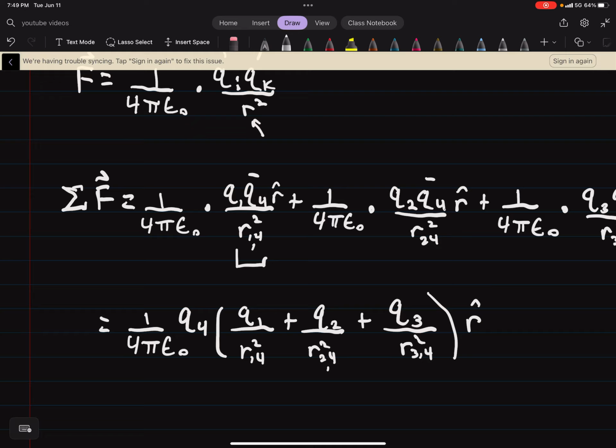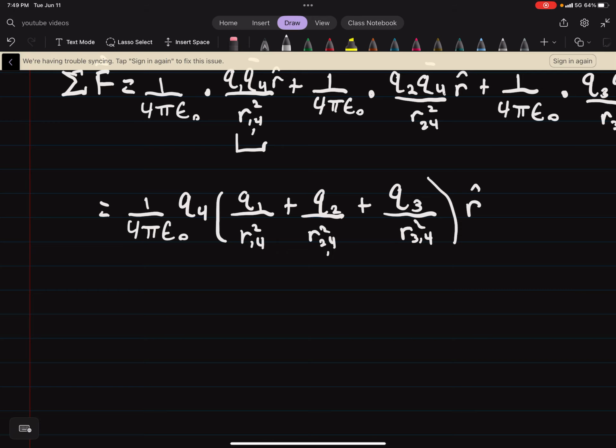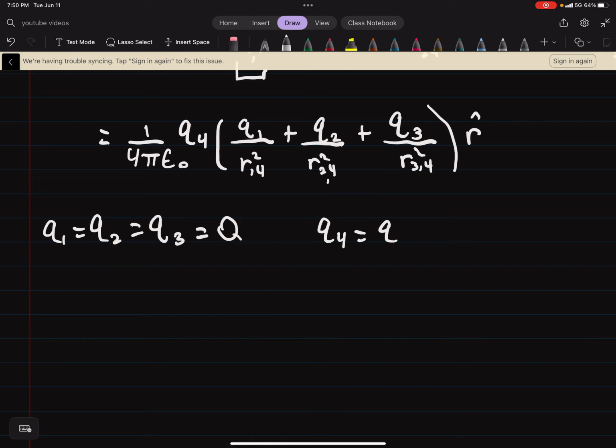But Q4 is different. Okay, so Q1, Q2 and Q3 are the same. So we'll just say that Q1 equals Q2 equals Q3 equals big Q. And we'll just say Q4 is little q. So since this is big Q, this is big Q, that's big Q, we can factor that out.